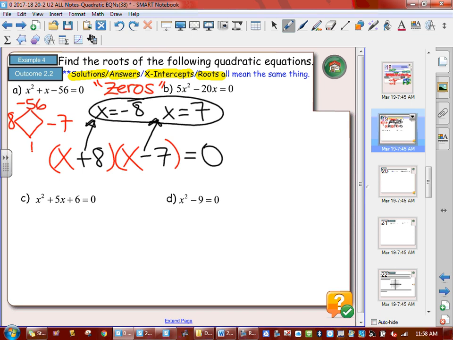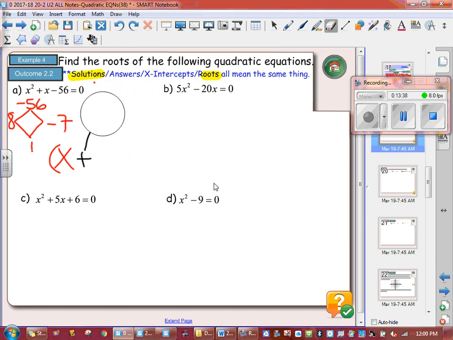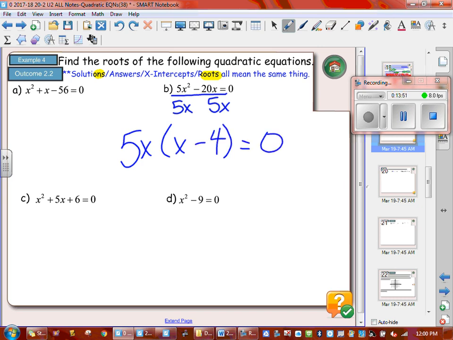Okay, let's take a look at B here. So we're just going to erase our work here on the left. So if we look at B, first of all, we always have to GCF. So I can divide out 5x from both of them. So I'm going to have 5x and then x minus 4, all equaling 0. So whenever we get an x sitting all by itself, it's not in a bracket, we make it directly equal to 0. So this guy's going to become 5x equals 0, divide out 5, x is equal to 0.